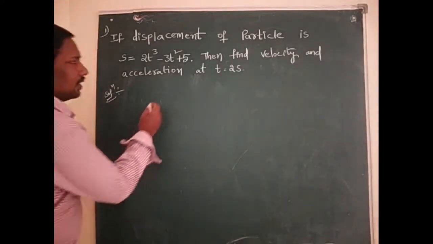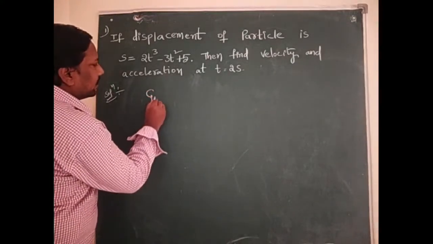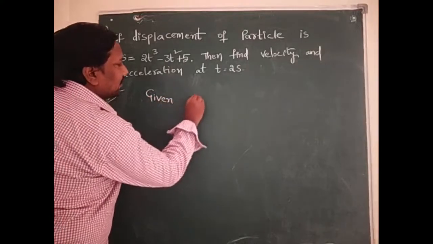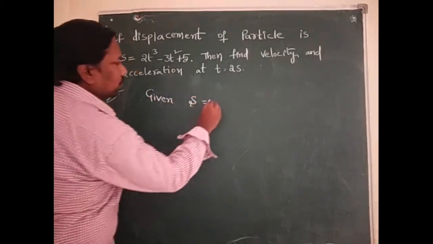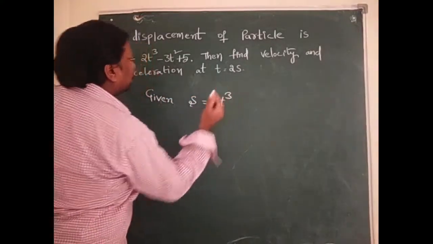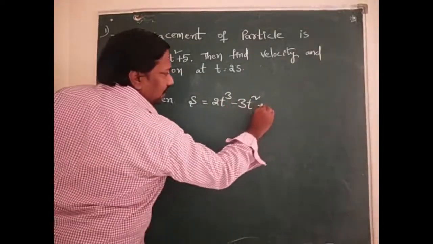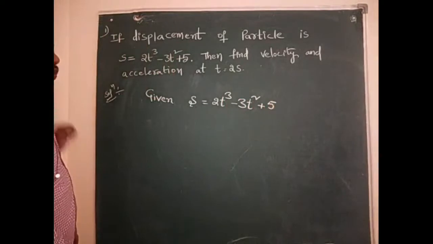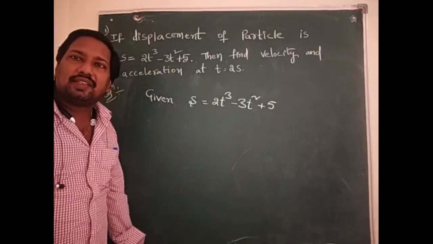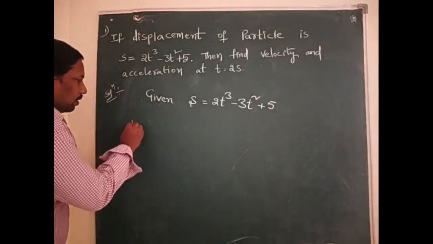So here, the given data is displacement s equal to 2t cube minus 3t square plus 5. Now we can find the velocity.